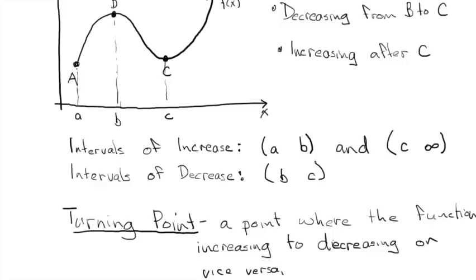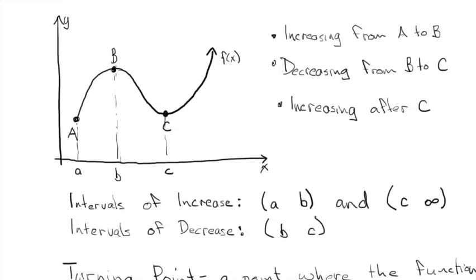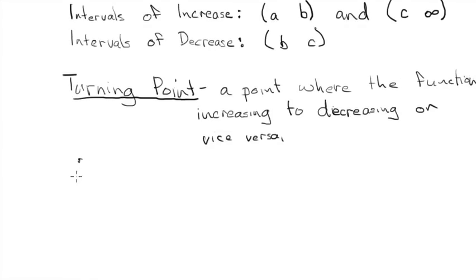So in this example, B would be one turning point. If you wanted to write the coordinates of B, the x value is B, and since the function is f, the y value would be f at B, and for C, f at C. So therefore B, f at B, and C, f at C are turning points.